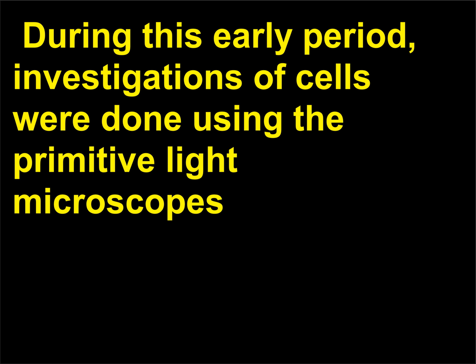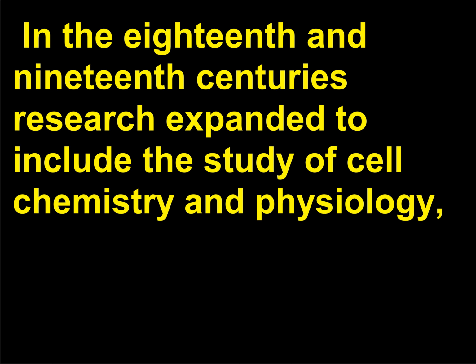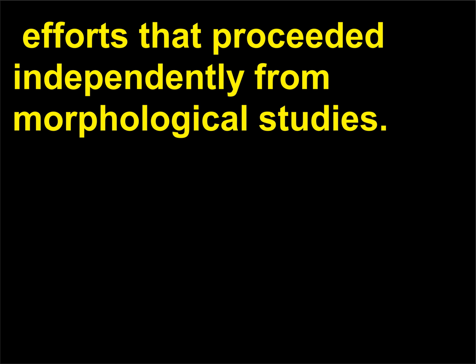During this early period, investigations of cells were done using the primitive light microscopes available at the time and consisted almost entirely of morphological descriptions of cell structure. In the 18th and 19th centuries, research expanded to include the study of cell chemistry and physiology, efforts that proceeded independently from morphological studies.